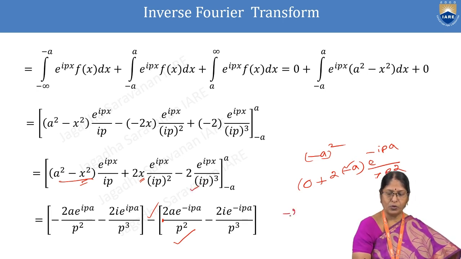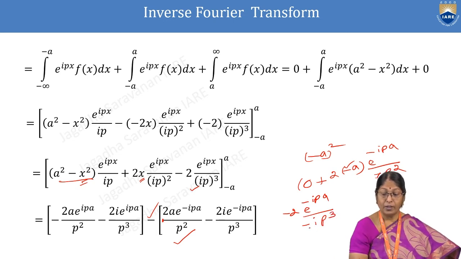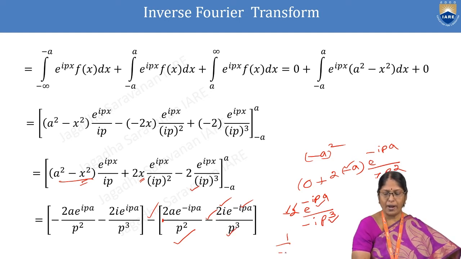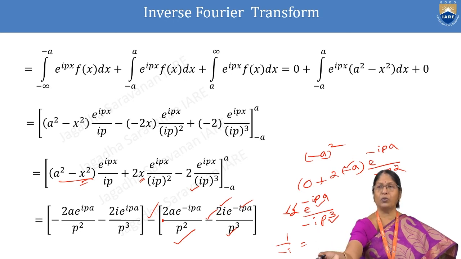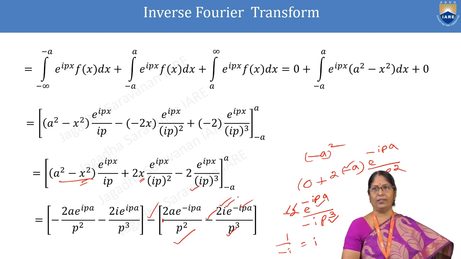So minus 2 e power minus ipa by, this is minus i p cube. Here p cube. But 1 by minus i, bringing it from the denominator to the numerator, becomes i. So here i is there.